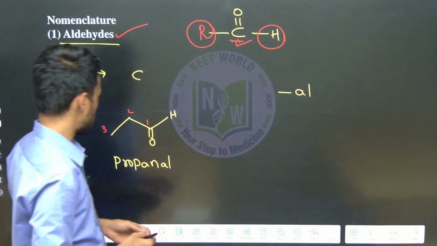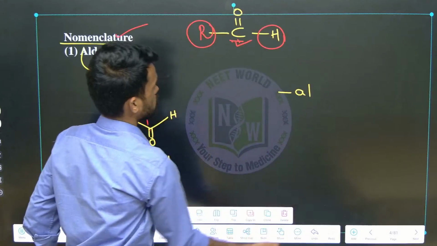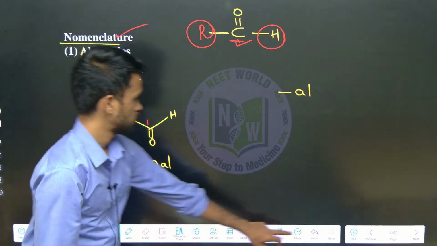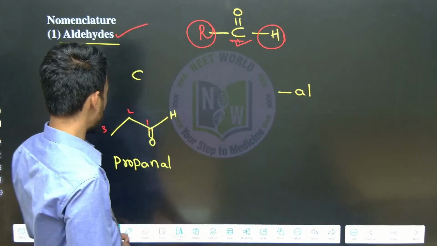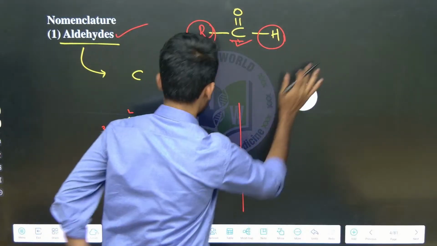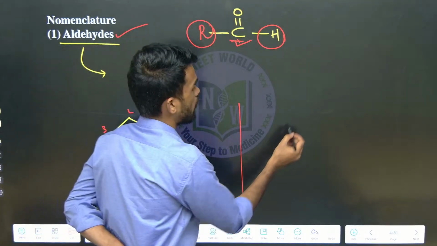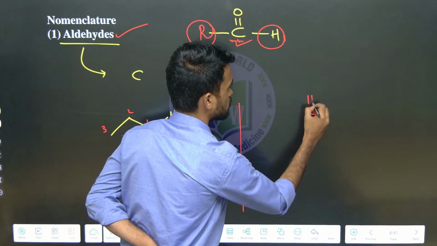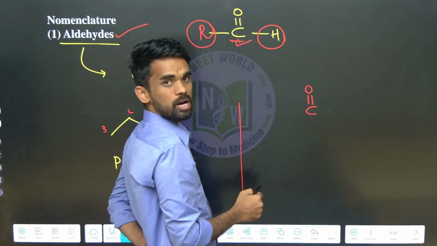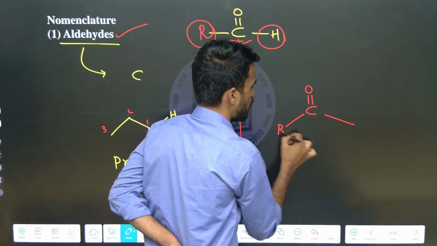Let us take ketones also here itself. Whenever I say ketone, it should have a carbonyl group like this, and to this carbonyl carbon there should be carbons directly attached on both sides.